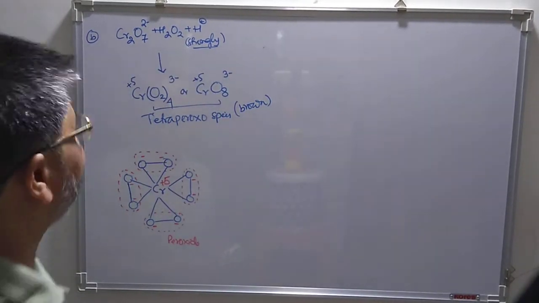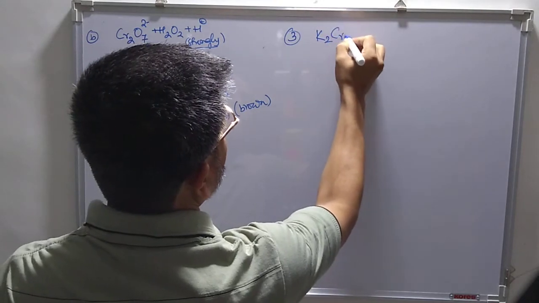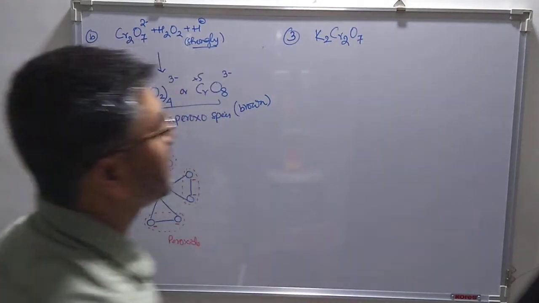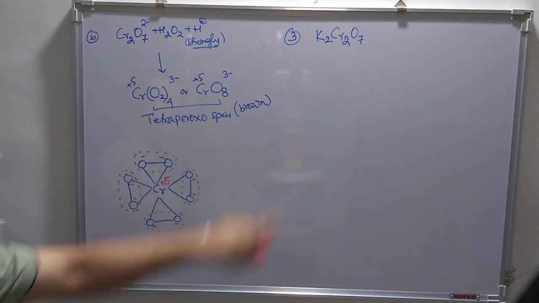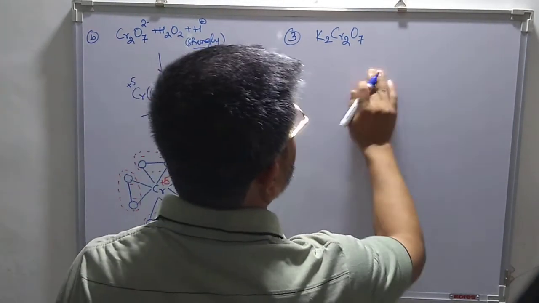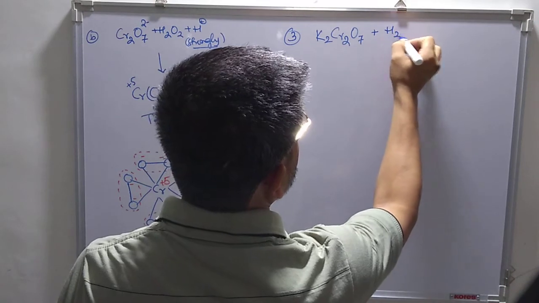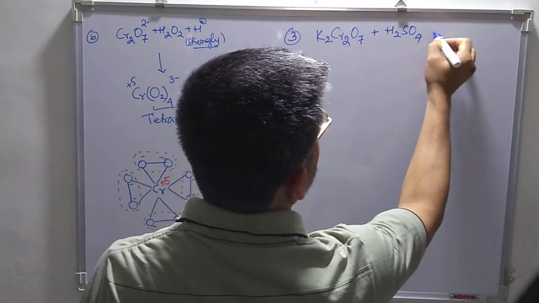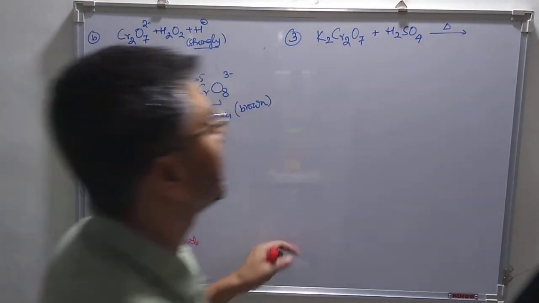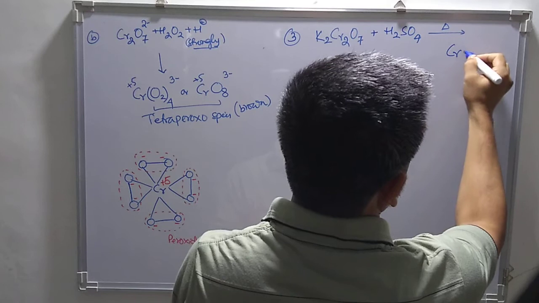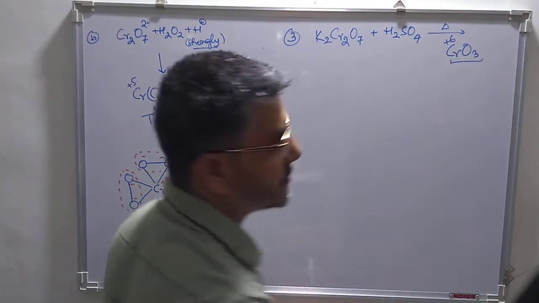Now we have this dichromate, K2Cr2O7. In this, potassium dichromate, if this is heated with sulfuric acid, it is converted into CrO3, chromium trioxide, chromium in +6 oxidation state.